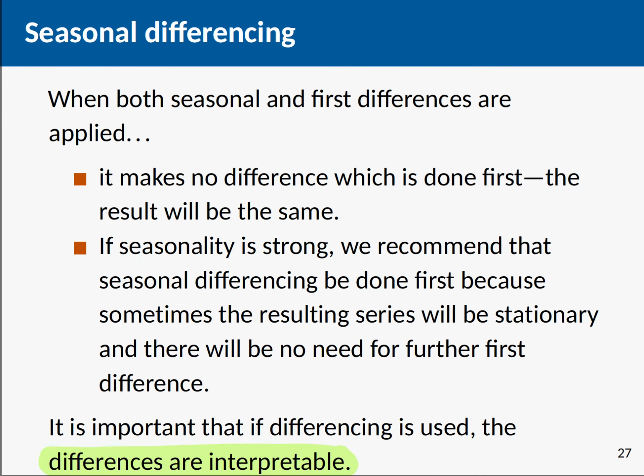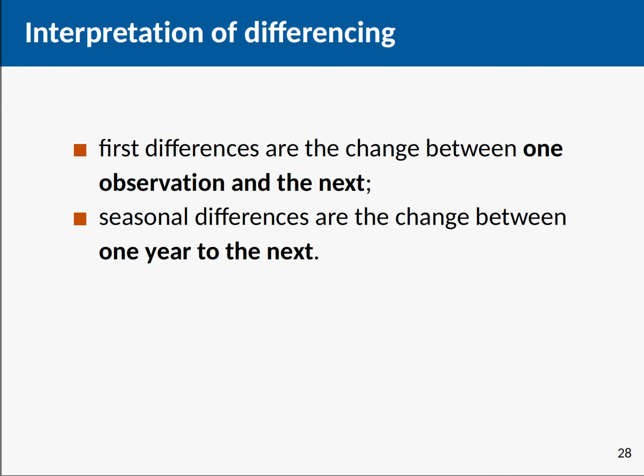The most important thing is you want to make sure that when differencing is used, when you're trying to forecast the data, however you've transformed your y-axis is sort of interpretable. So you don't want to lose that interpretability when you're differencing. So just to wrap up here, the interpretation of differencing is that when we're taking the first differences, we are looking at the change between one observation and the next.